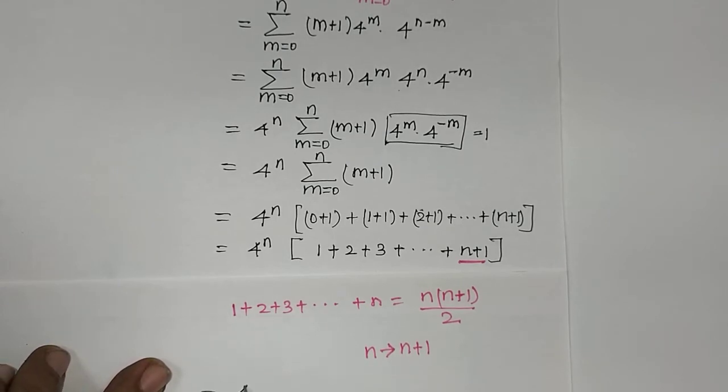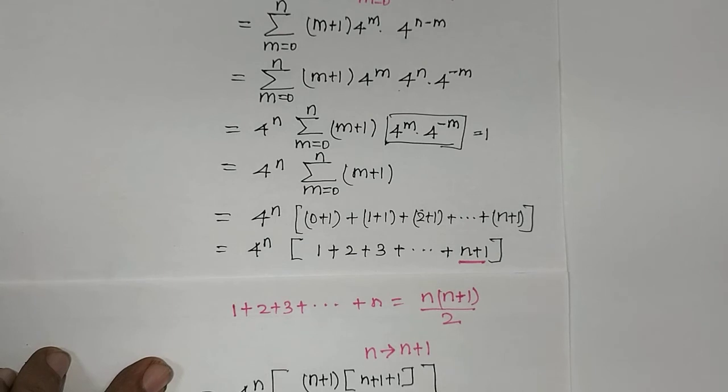So 4 power n. In this formula, n replaced by n plus 1, of n replaced by n plus 1, divided by 2. So finally we can write 4 power n plus 1 into n plus 2 divided by 2.